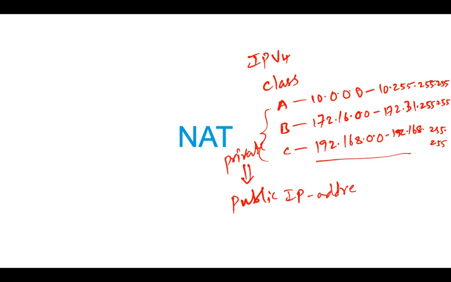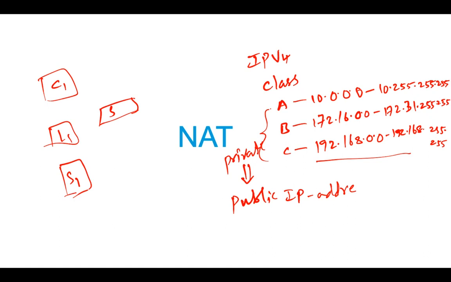Then only can any device communicate outside. Suppose you have computer 1, or laptop 1, or a server 1 within one organization, and they are connected with the help of a switch. They can communicate with each other by using these private IP addresses.